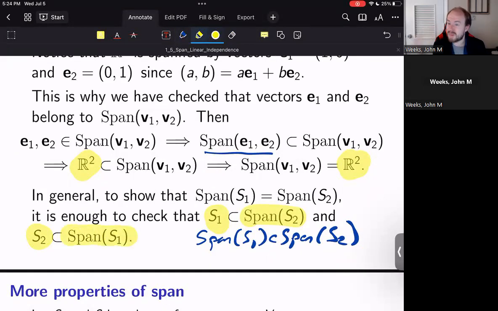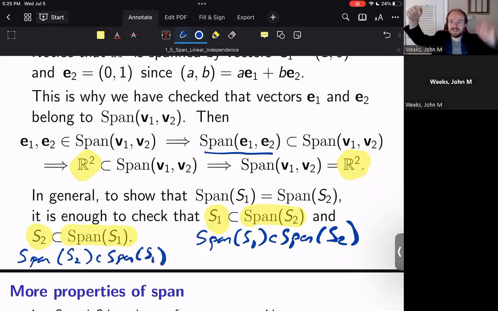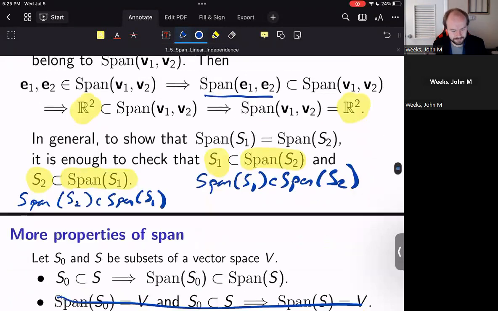Notice I don't have to show the span of S2 is in there, just S2, the generating set for the spanning set here. Then I know from what we discussed above that the span of S2 is also a subset of the span of S1. I have A as a subset of B and B a subset of A, hence the two sets must be equal by double inclusion. So that's a neat little trick to show that the span of one set is equal to the span of the other set. And it's going to be very useful for us later on.